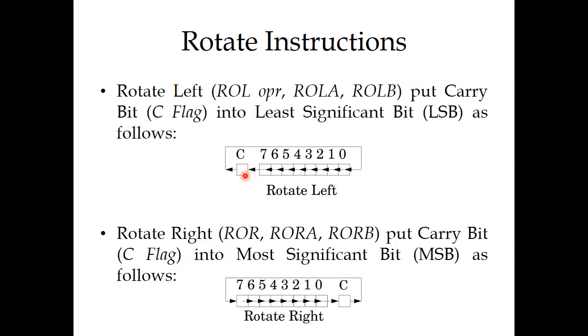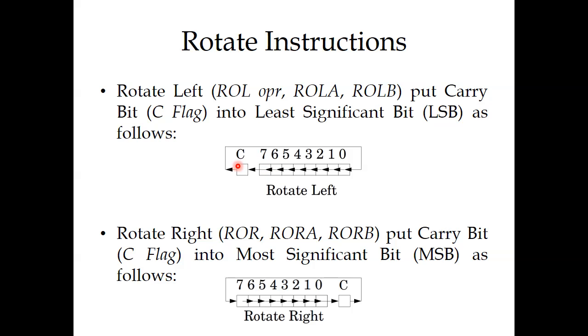So to do the rotate left, you also need to know what you have in the carry. The carry goes all the way to the right, everything goes one position left, and whatever you have in bit number 7 goes to the carry.